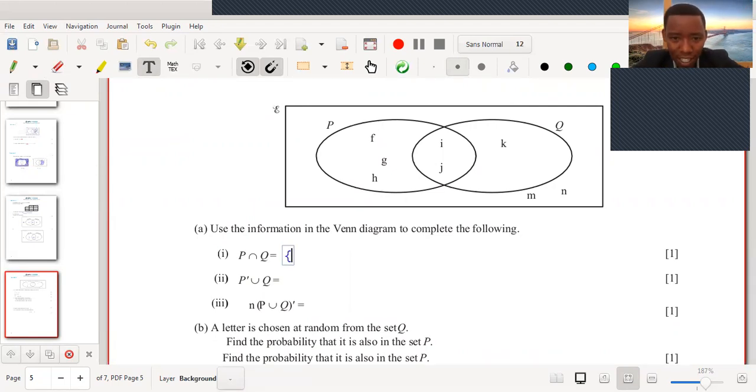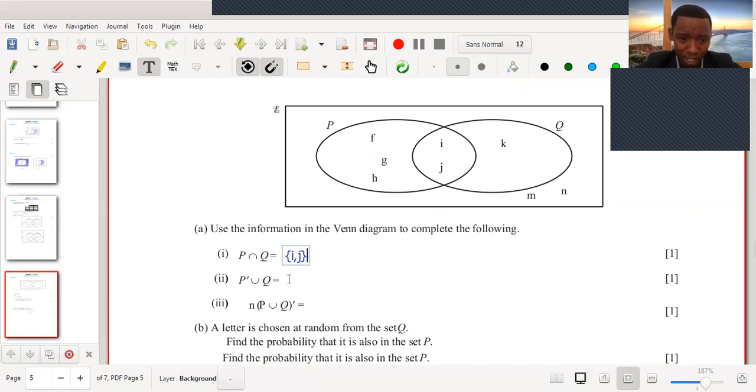P intersection Q. Which elements are in common? It's element I and J in common. They are both in common there. And don't forget to put curly braces when you're writing sets.